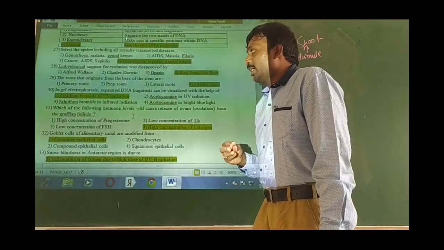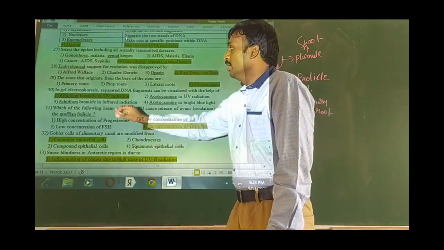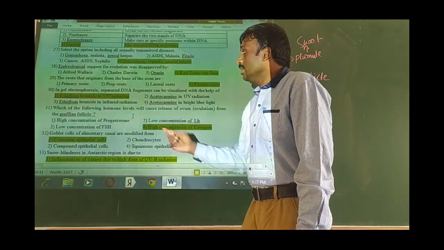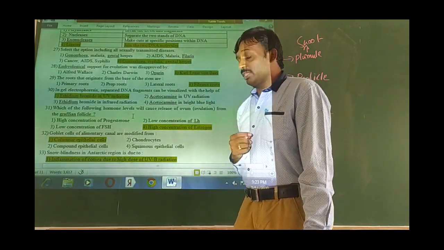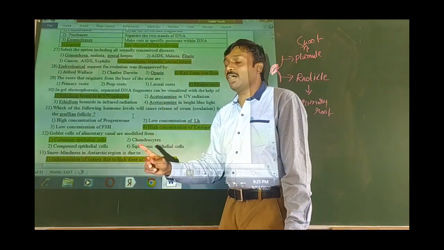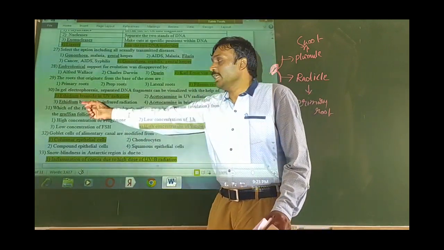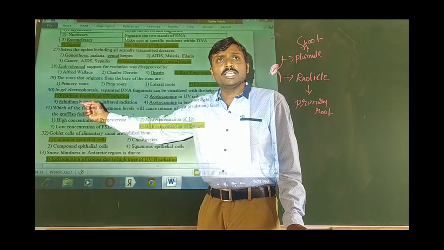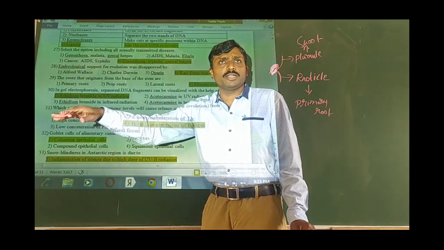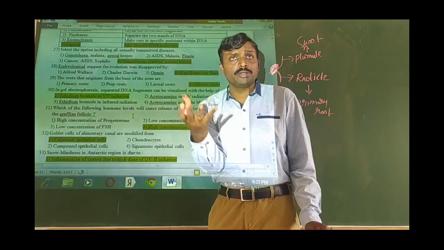Again, this is also from biotechnology. This time they asked many questions from the biotechnology unit. In electrophoresis, separated DNA fragments can be visualized with the help of a stain, namely the orange colored stain ethidium bromide. After applying ethidium bromide, we incubate it for 30 to 45 minutes, and then shift it under UV radiation.